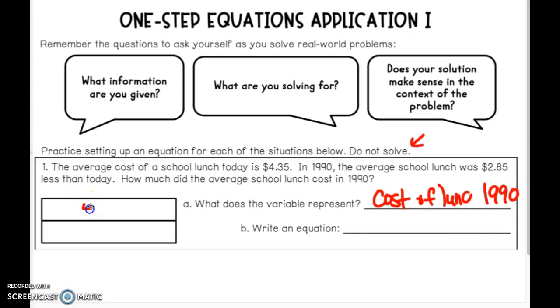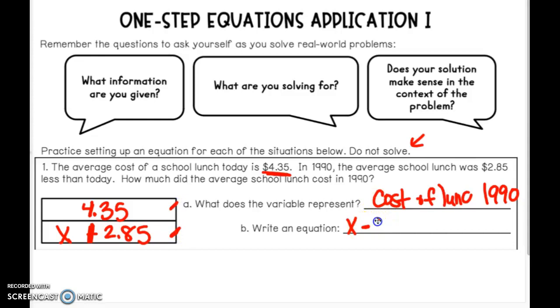So we know that today it was $4.35. And then it tells us right here that the average school lunch was $2.85 less. So less means minus, less $2.85. And what we don't know is this. You can use X or Y or whatever variable letter you want, but we're looking at it as X and 2.85. When we write the equation, we know that this is going to be equal to this.